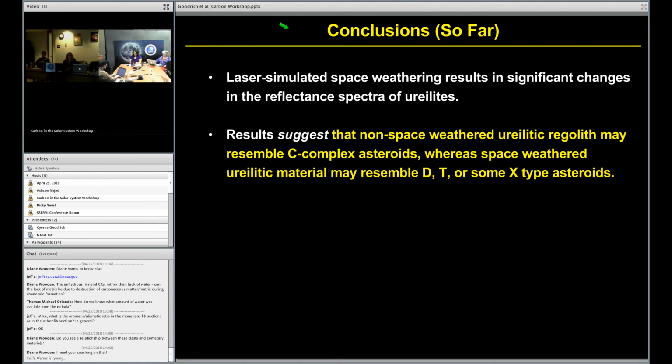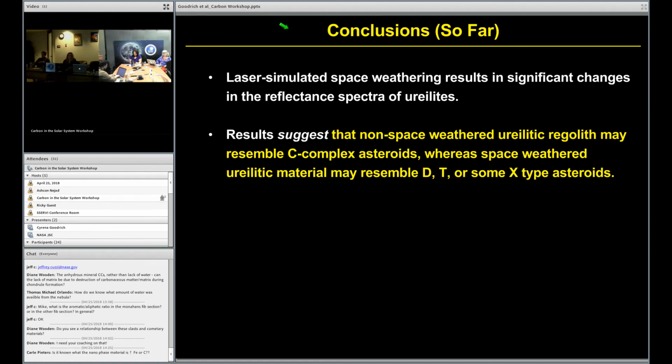So a lot like what happens on ordinary chondrites. Yeah. I mean, on the other hand, that's a preliminary answer, and it's based on lots of people's experience with ordinary chondrites, not my own.